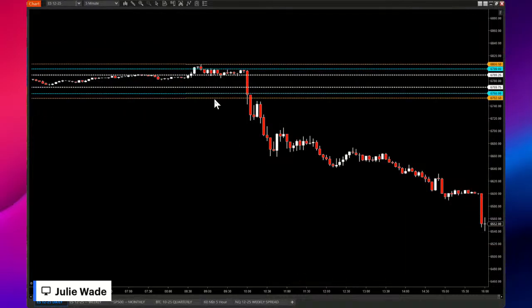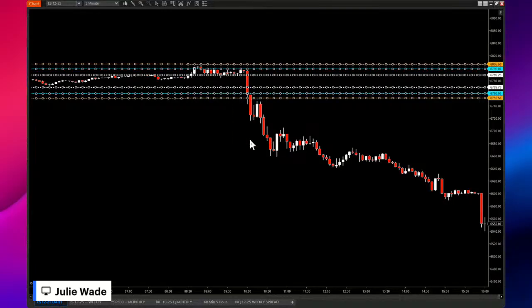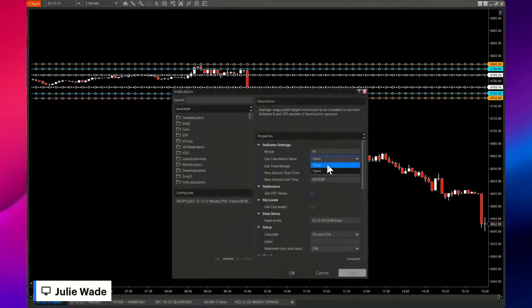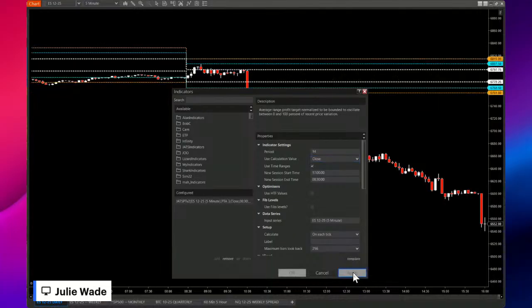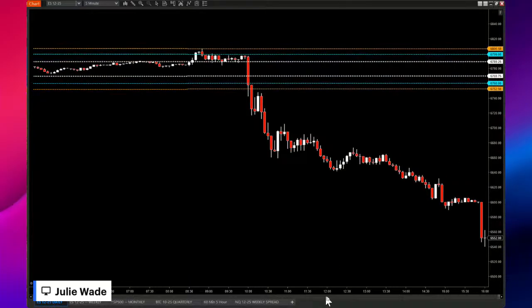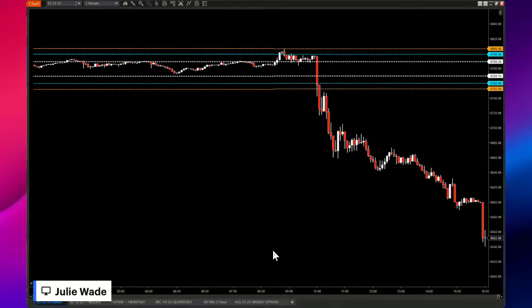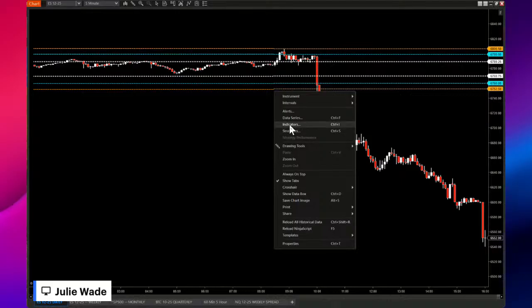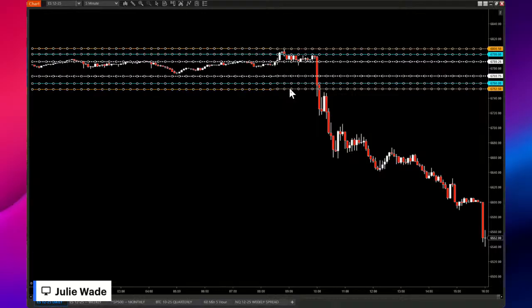I don't think we're getting the data feed in yet, so we're not seeing the levels.